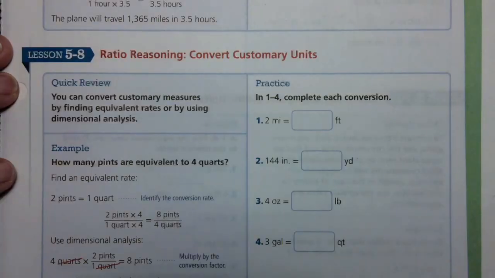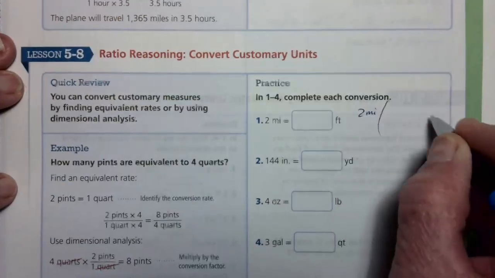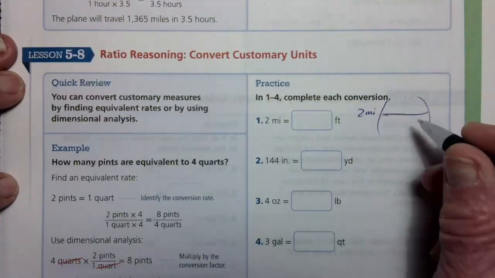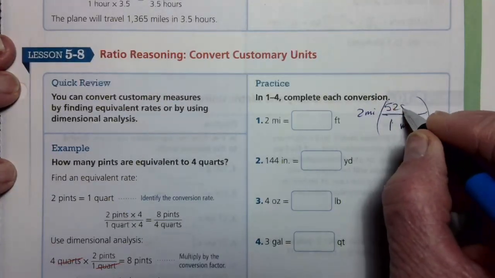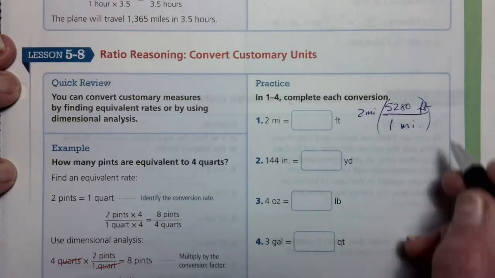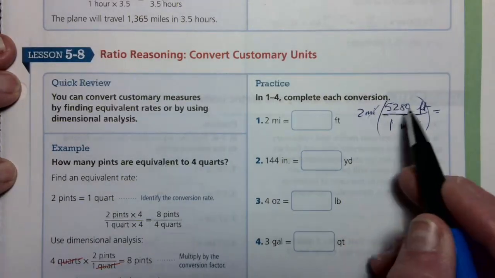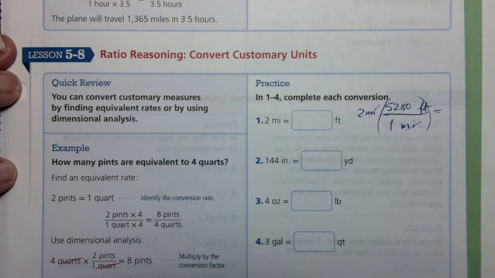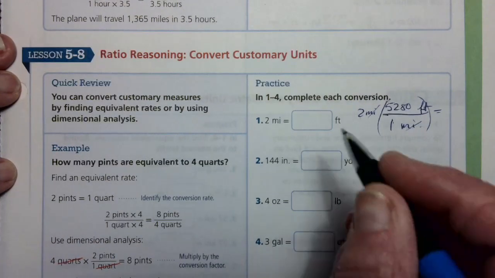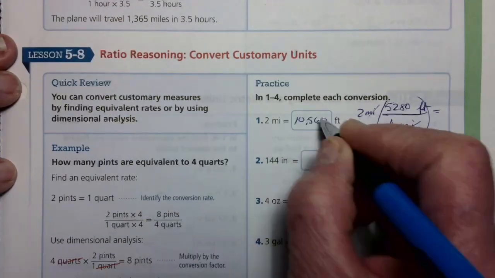Ratio reasoning, customary units, complete each conversion. We want to take 2 miles and change it to feet. Well, I know that 1 mile is 5,280 feet. If you don't know that, then you have to look it up. So I'm going to take the 2 and multiply it times 5,280. 2 times 5,280 is 10,560 feet.